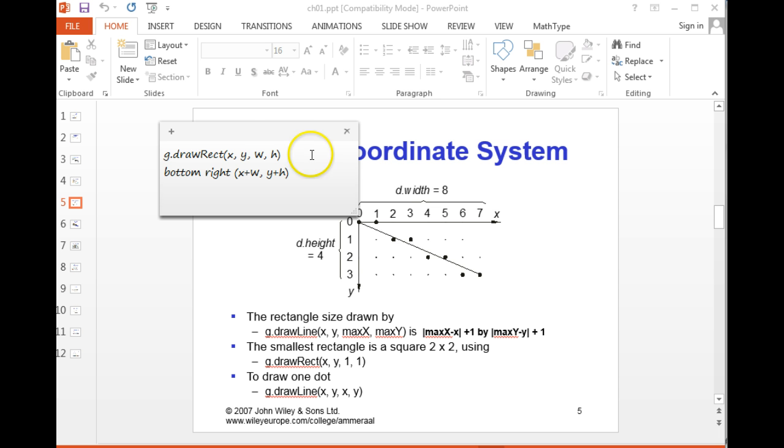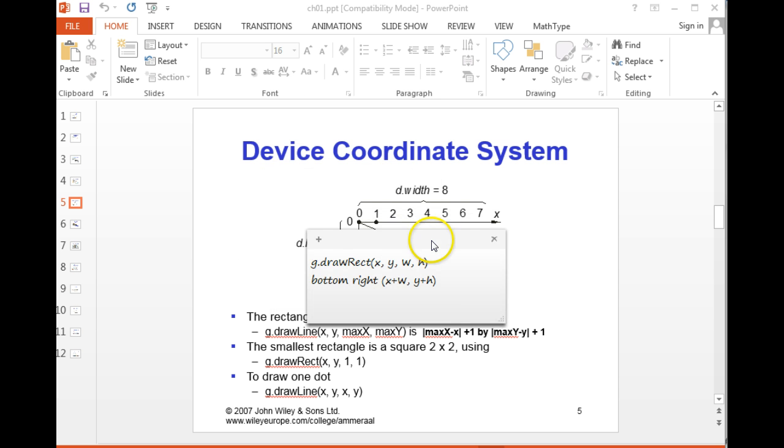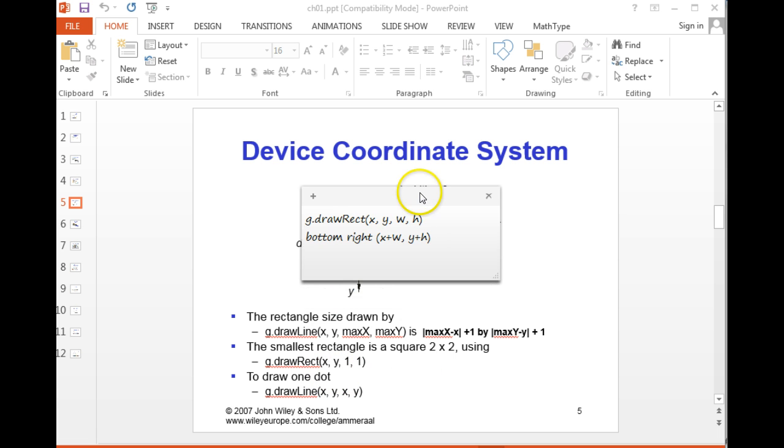Okay, so for this specific example where it says DrawRect x, y, 1, 1, what that means is we're drawing a rectangle whose bottom right is x plus 1, comma, y plus 1.